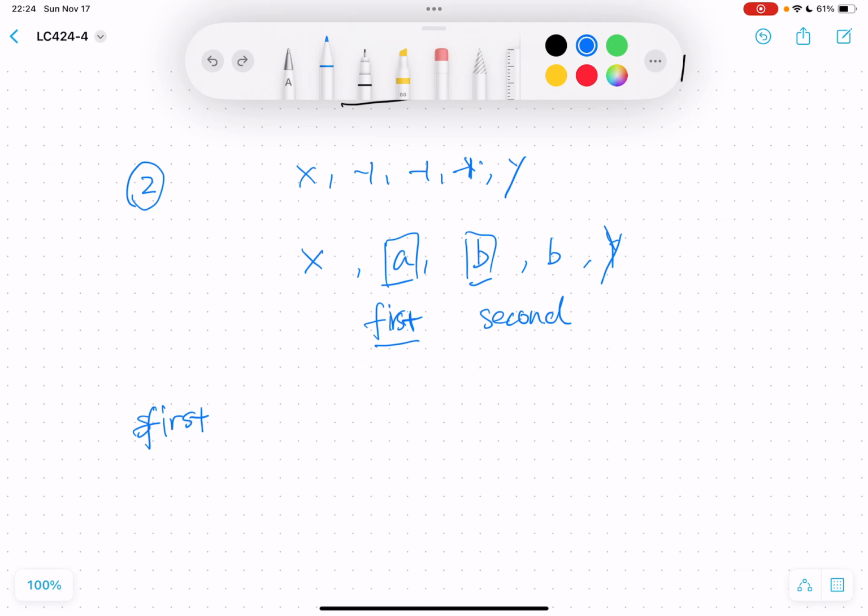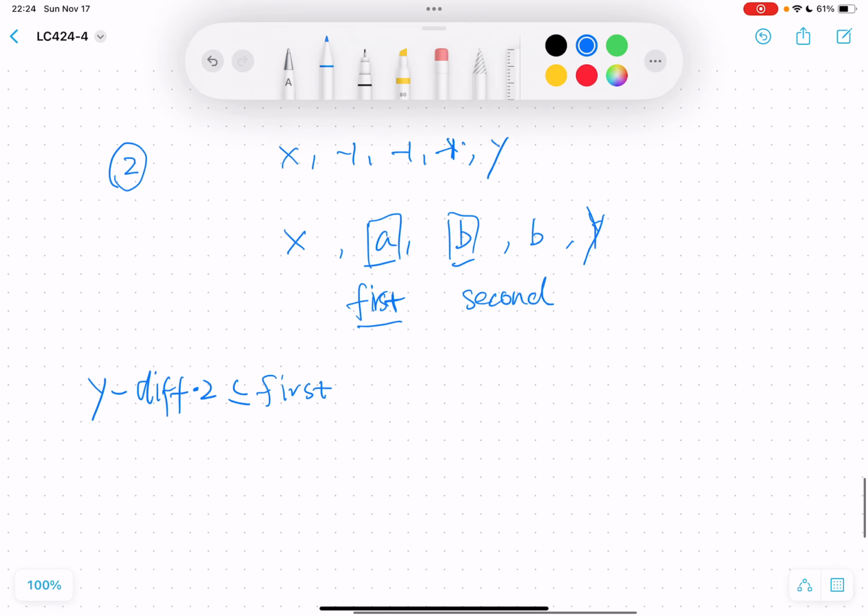The left end of it should be larger than y minus diff multiplied by 2.